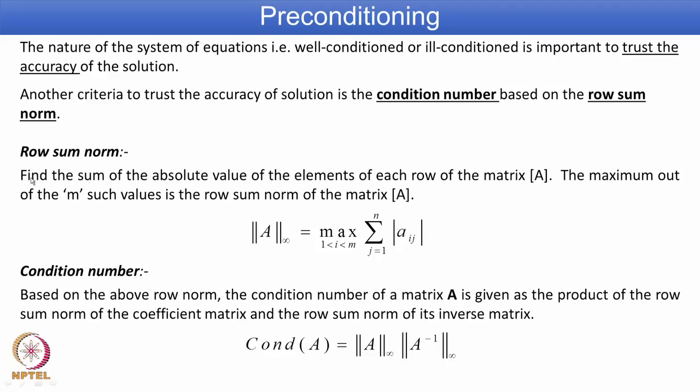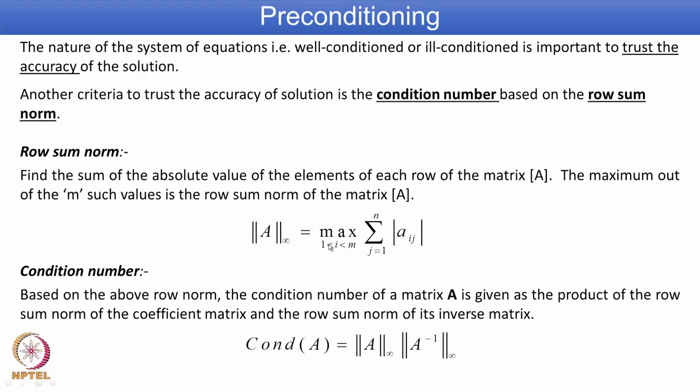Now, let us explain what the RowSum norm is and how to obtain the condition number. To find the RowSum norm, sum the absolute values of the elements of each row of the matrix A. The maximum out of such values is what is known as the RowSum norm of that particular matrix A. In terms of expression, it is shown here.